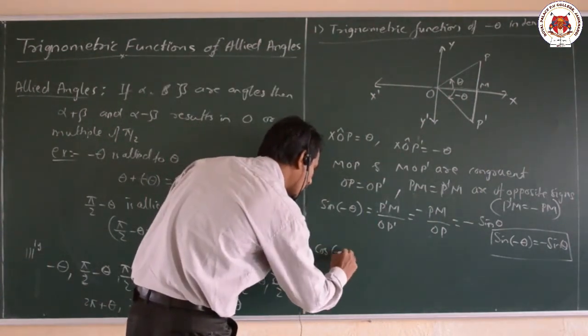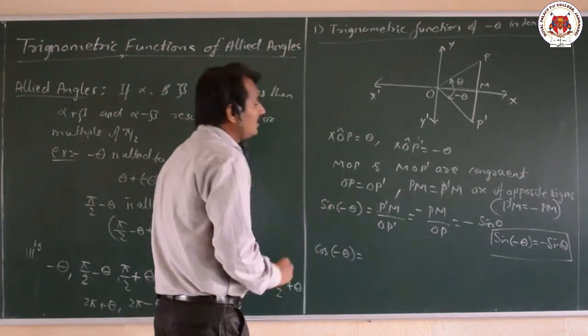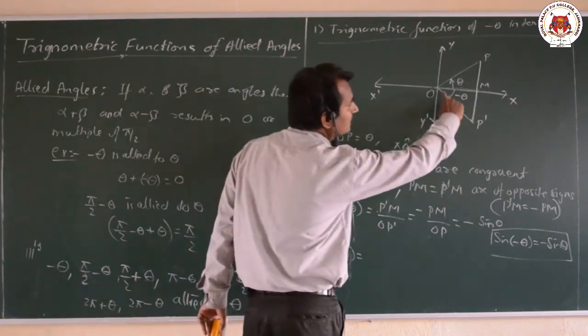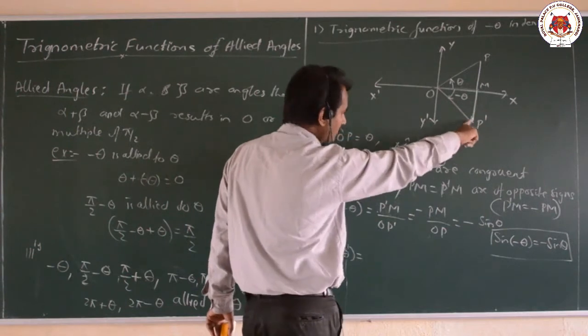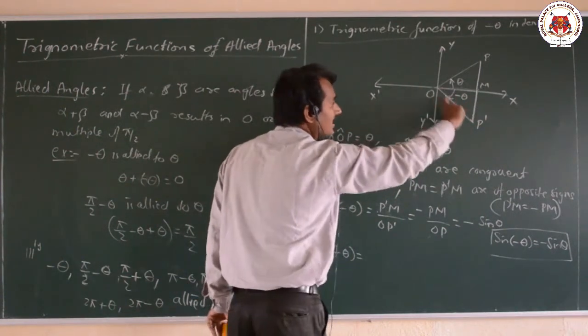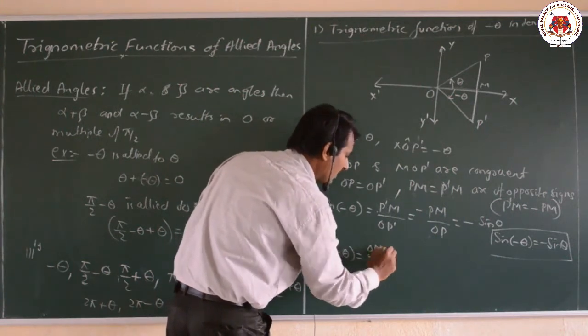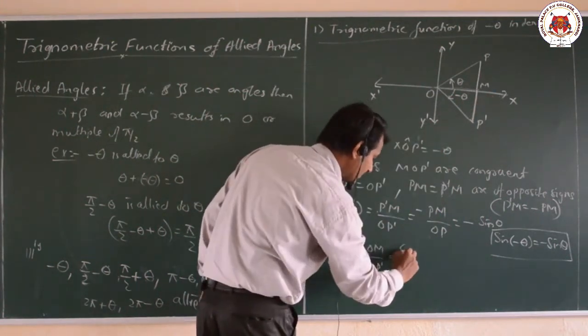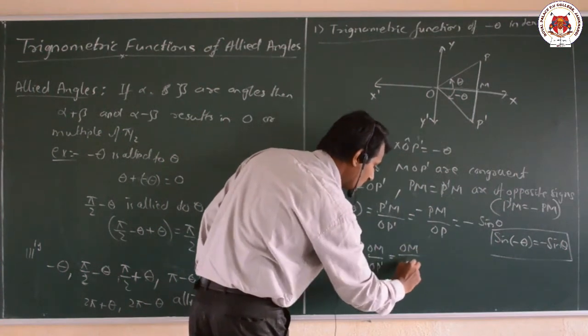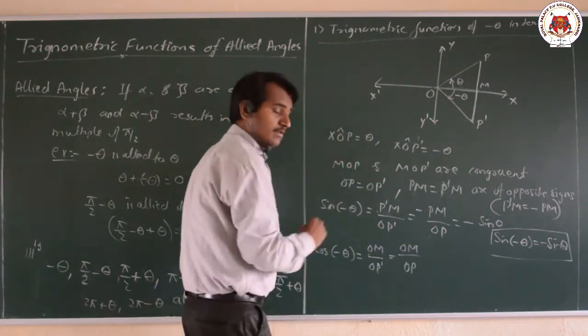Now let us start with cos of minus theta. In this fourth quadrant, in the triangle MOP dash, cos of minus theta is adjacent by hypotenuse, that is OM divided by OP dash. OM is on the positive x-axis, so it is positive, and OP dash is 1, that is OP only.